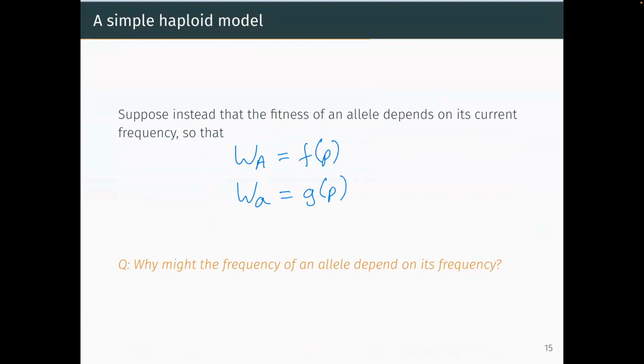Now, I've slightly skipped over a step here. I'm only going to use p here. I could have written this in terms of q, but obviously q is just 1 minus p, so this is a simple substitution. Because there are only 2 alleles in this population, it's the same thing in terms of depending on its current frequency. If you know the frequency of one of them, you know the frequency of both of them.